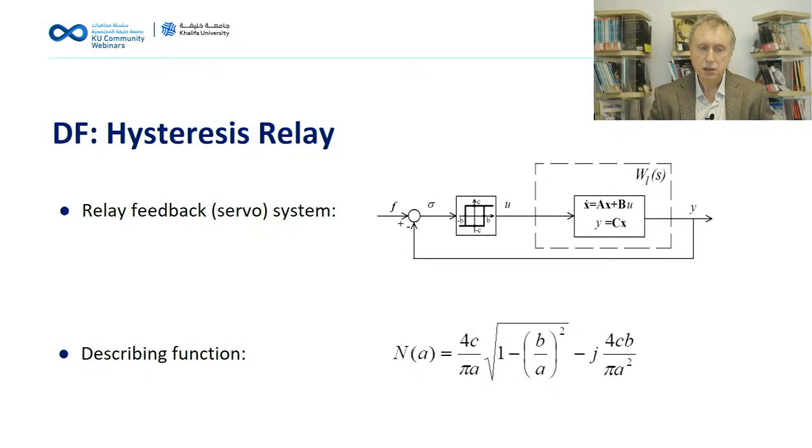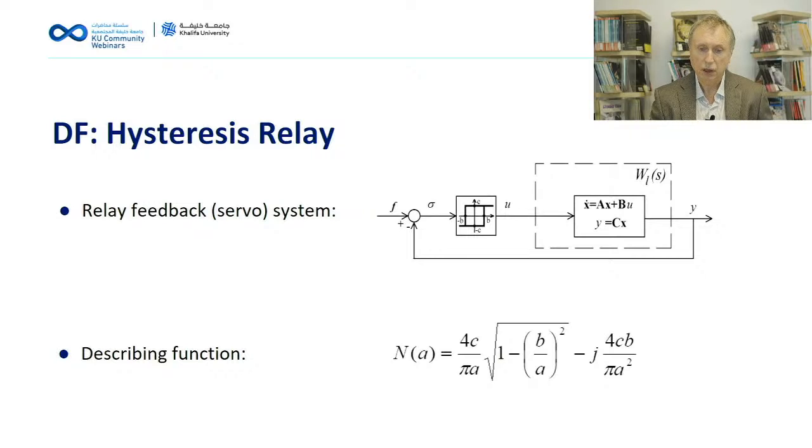Now, let us consider also the describing function of the hysteresis relay, which will be instrumental later. If we have a hysteresis relay, for this relay, the describing function is given by the following expression.